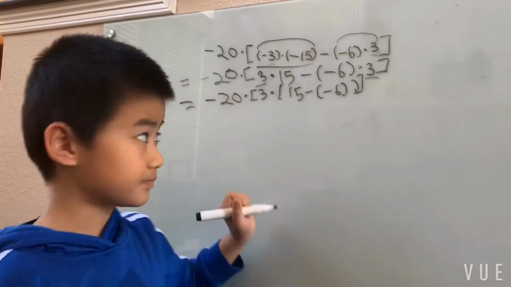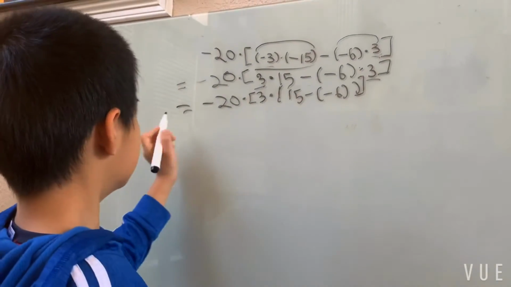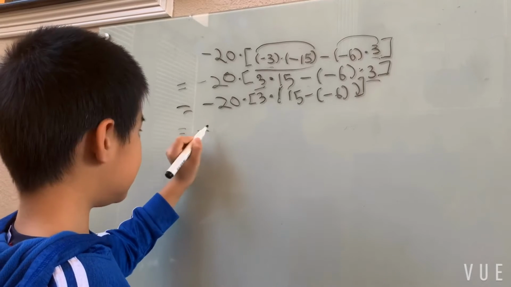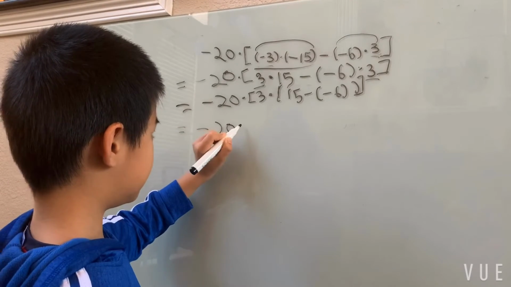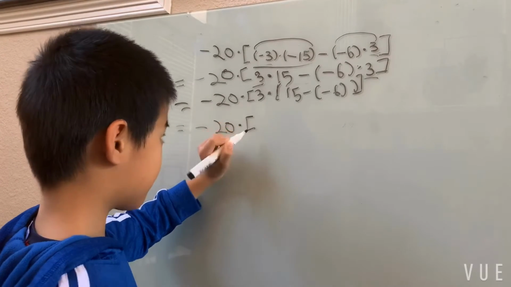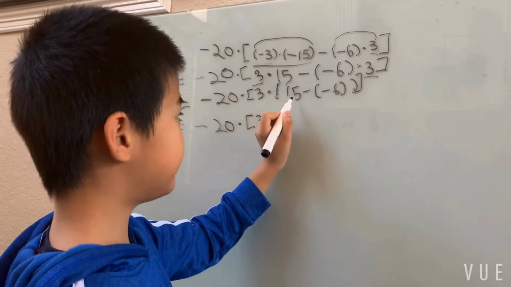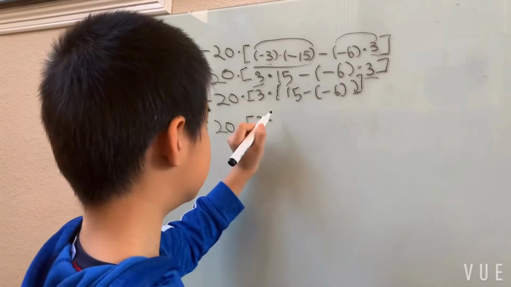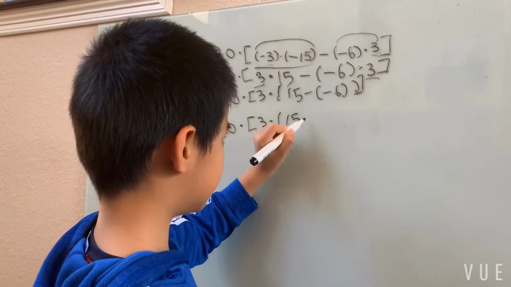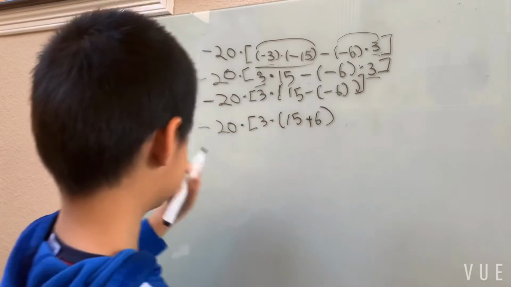There we go. So here, now I can compute this very easily with all our properties, since here we'll have 3 times 15 minus -6, which is equal to 15 plus 6, the sum of 15 and 6.